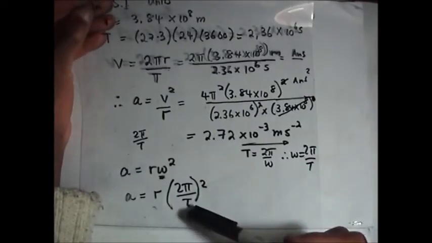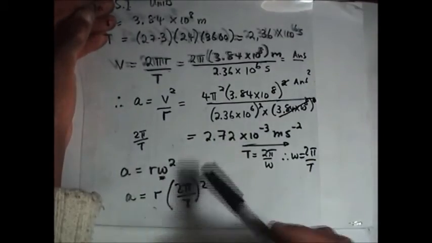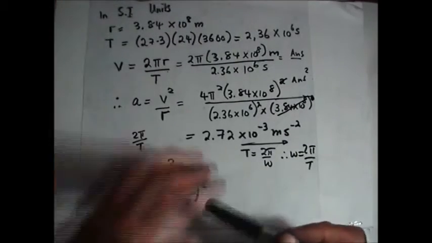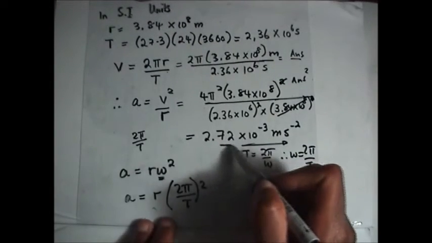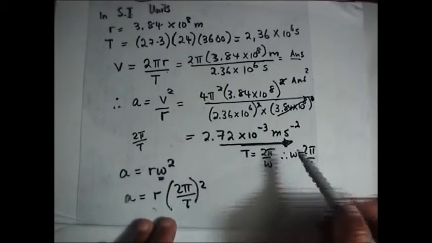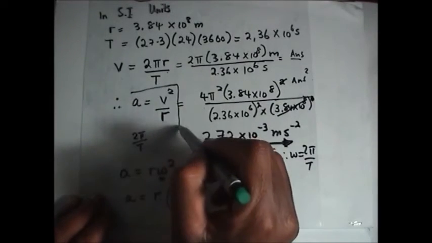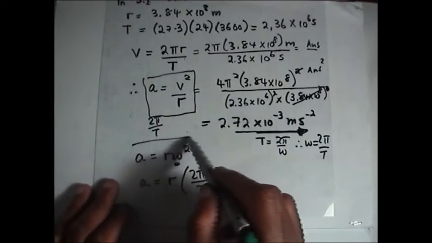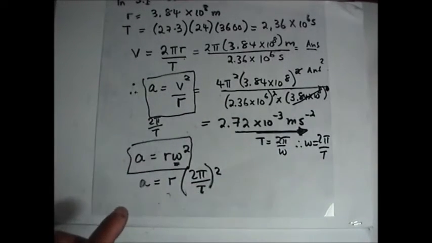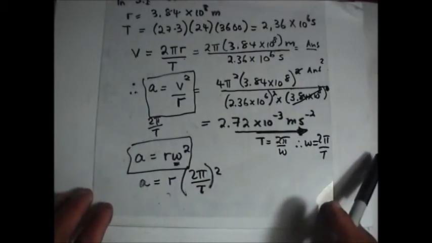Put the period in seconds, the radius in meters, and punch it into your calculator. You're going to get the same acceleration, 2.72 times 10 to the power of minus 3 meters per second squared. So these are two very important formulae. It just depends on the situation which one is more applicable.